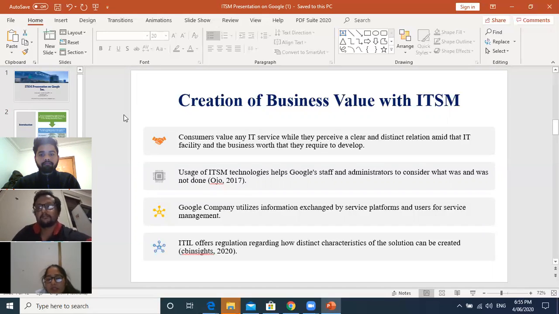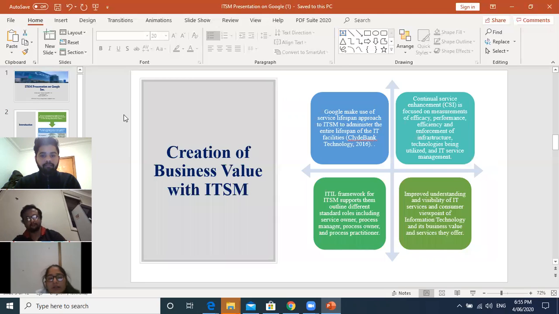And also with the help of ITSM, it uses the technologies, helps Google and staff to consider what was and what needs to be done so that they can implement that in their company. Google also utilizes information exchanged by service platform and user for service management. ITIL offers regulation regarding how distinct characteristics of a solution can be created. Next slide will be covered by the next member.